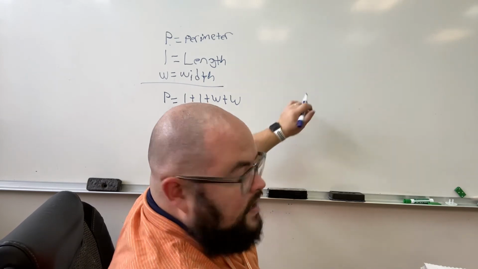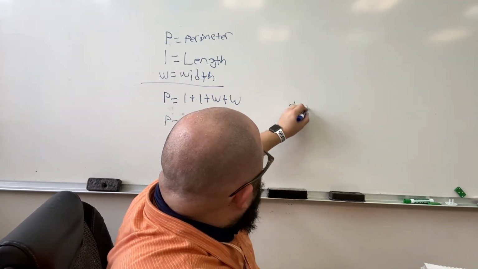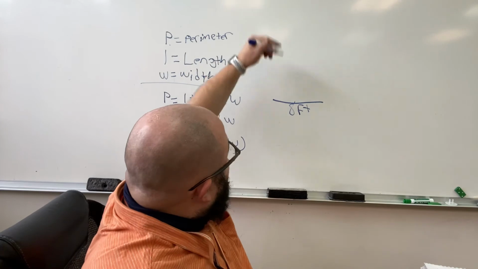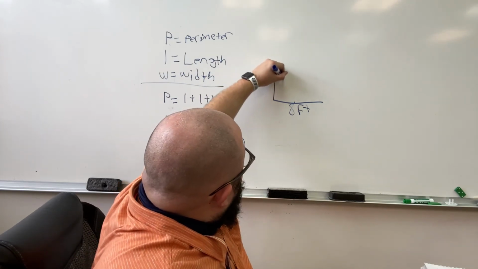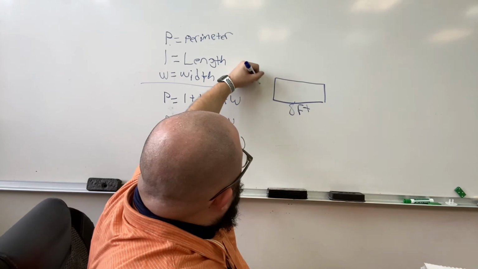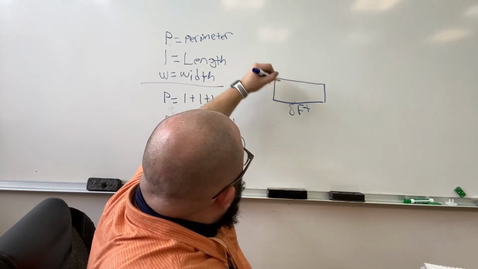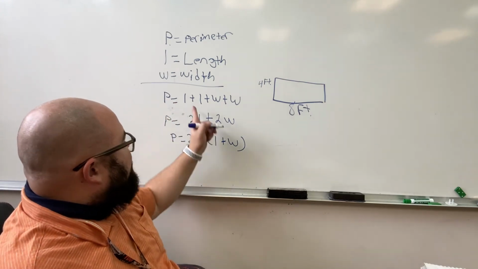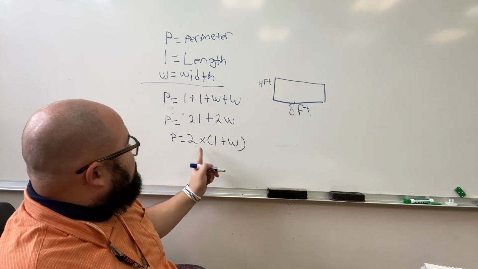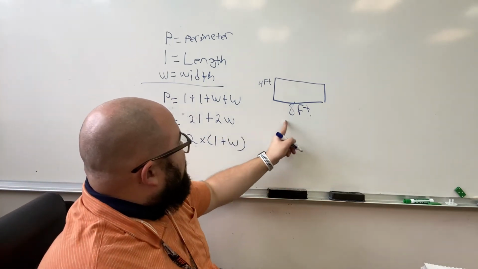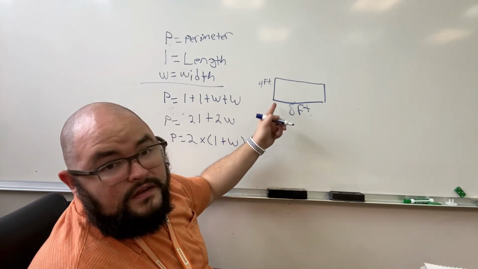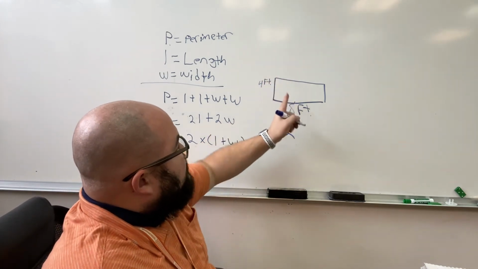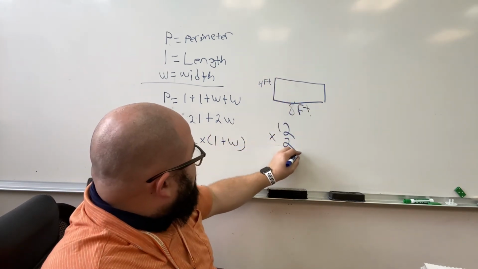It says he wants his garden to be 8 feet long. Okay. And he wants it to be 4 feet wide. I'm going to write over here, 4 feet. Which one do you guys want to do? Let's try this bottom one. I think you guys understand this one pretty well and this one pretty well. Let's do this one. So length plus width, 8 plus 4, 12, right? And then we've got to do 2 times 12. That's our formula.